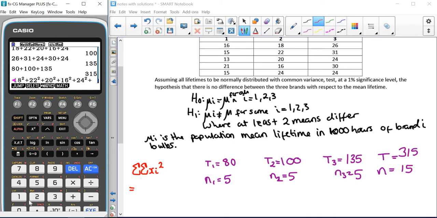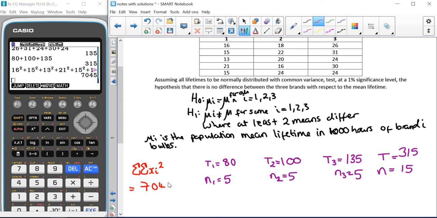That's the end of the second column. And for the third column, 26 squared plus 31 squared plus 24 squared plus 30 squared plus 24 squared. And that gives us 7,045.